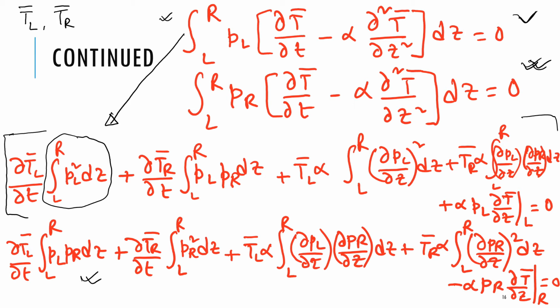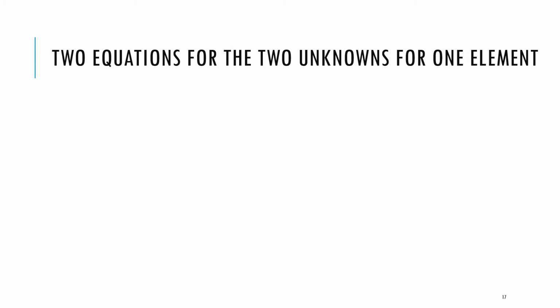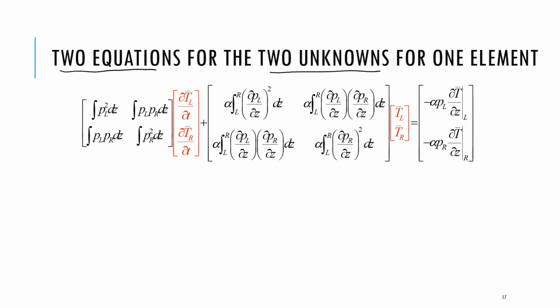In the next slide we're going to simply write these two equations in a matrix form, and we will hold off on actually integrating out these terms, but we know we can. So here we write those two equations for the two unknowns in a matrix format. Those are the two equations that I just showed in the previous slide.